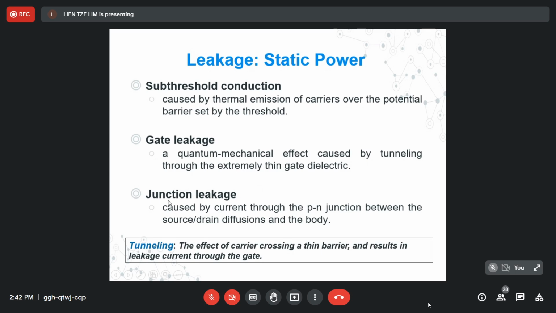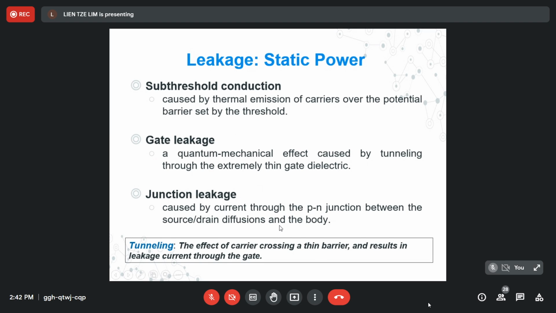And the junction leakage is caused by current through the PN junctions between the source and drain diffusions and the body. So you see the 2D diagram of the CMOS transistor.